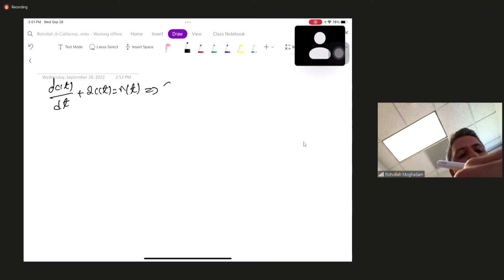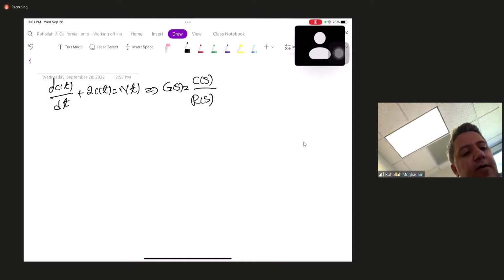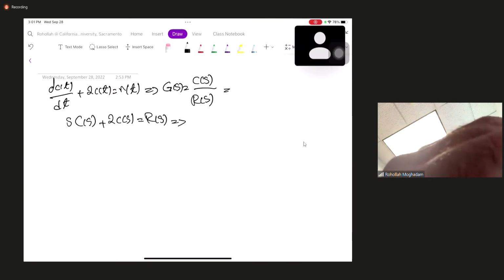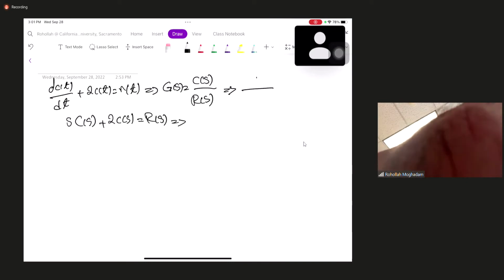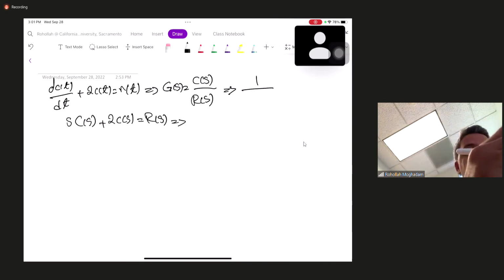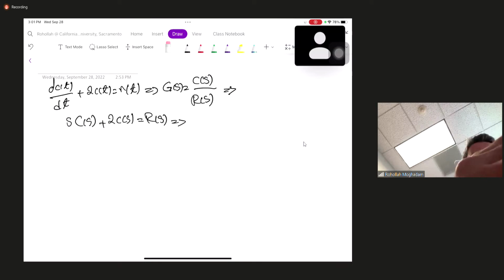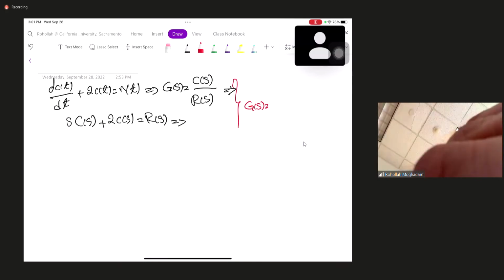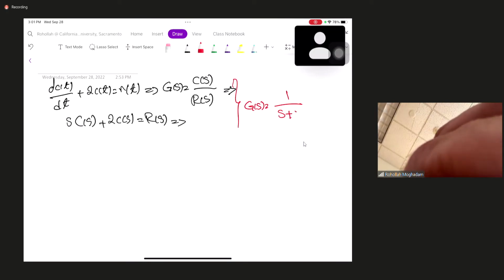From here, we know that G(s) is C(s) over R(s). So we have sC(s) plus 2C(s) equals R(s), and G(s) is 1 over s plus 2.